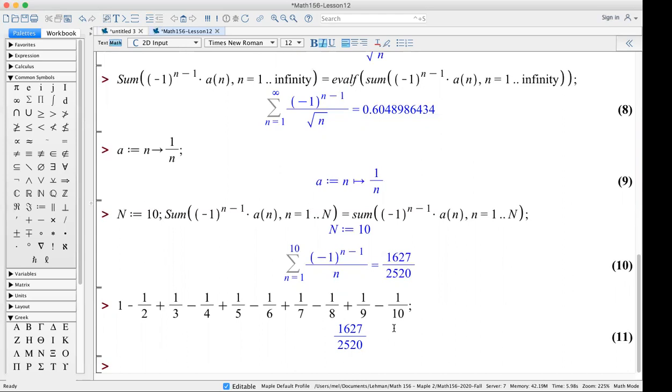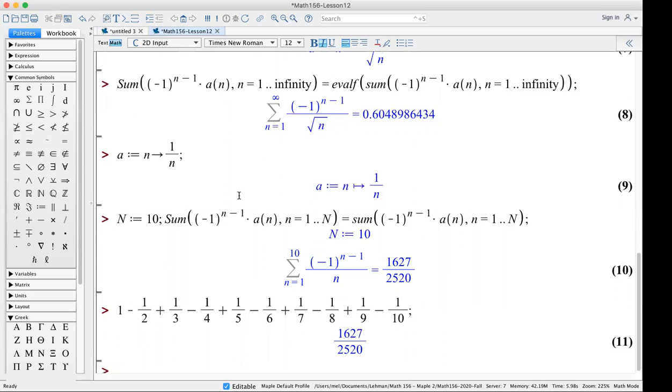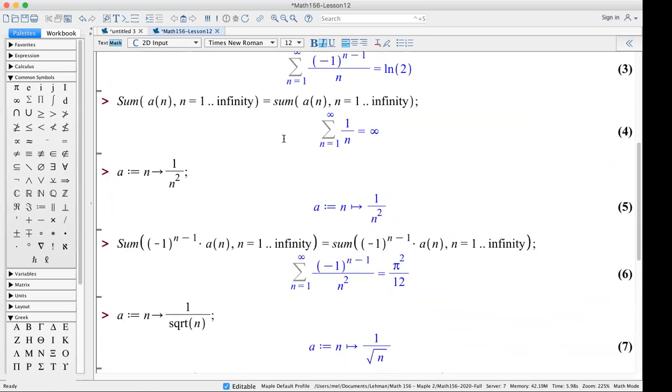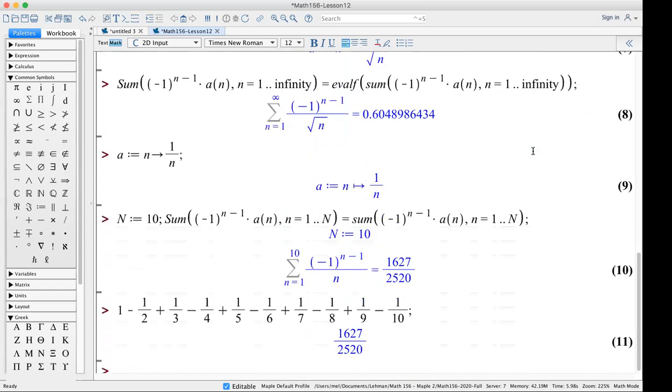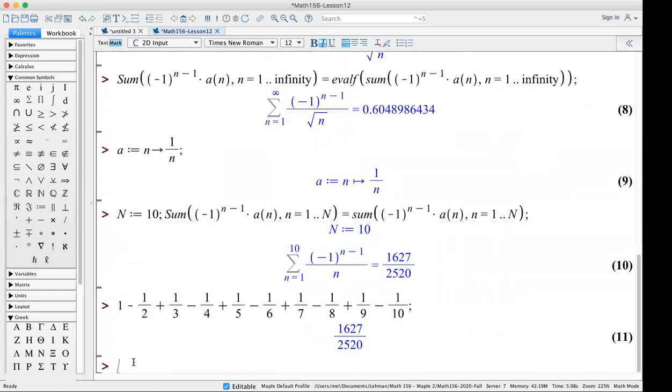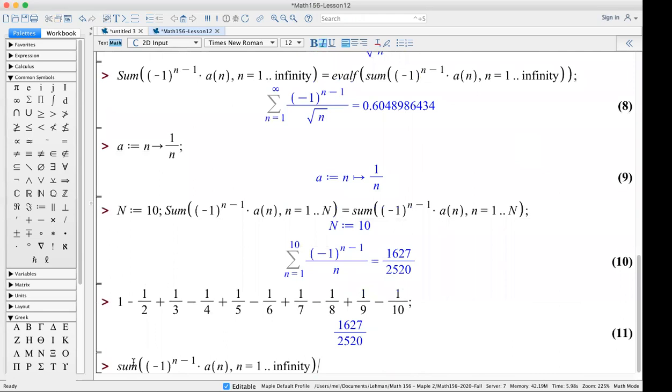Now, it's interesting to make the following comparison. This is the sum of the first 10 terms of the series, and this is the infinite series. Suppose we compare the two. So that's the infinite series minus the sum of the first 10 terms.